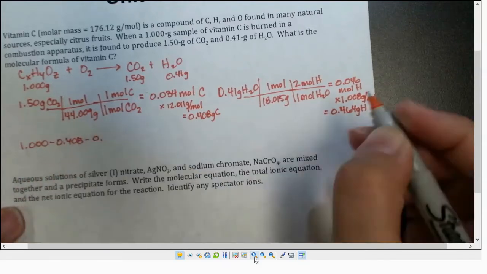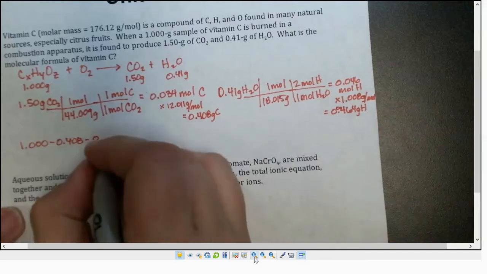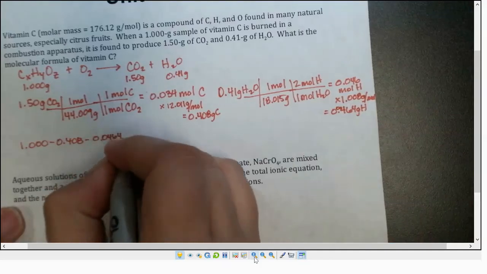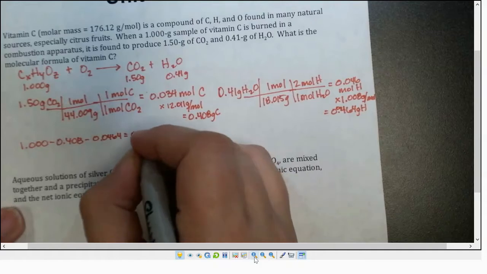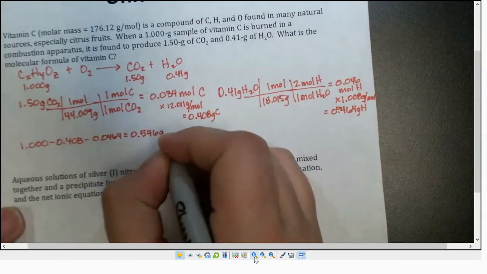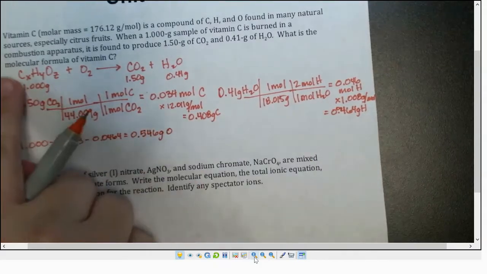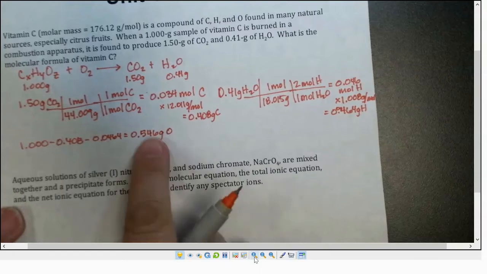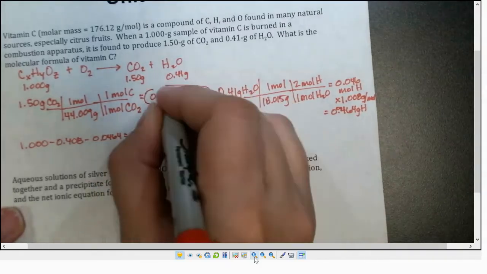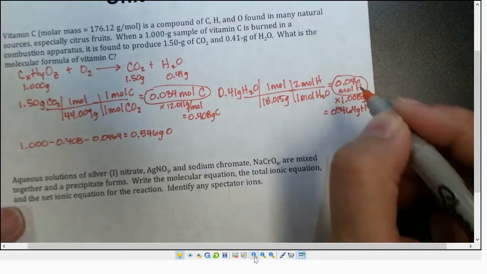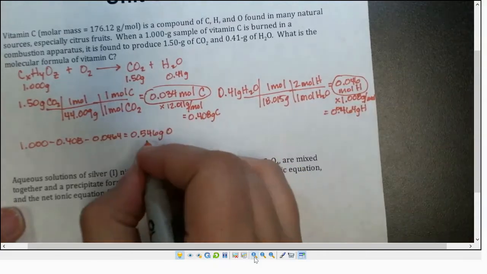Minus this should be 0.0464. And this gives me that I have 0.546 grams of oxygen present in this hydrocarbon. I need everything to be in moles. I already have moles of carbon, moles of hydrogen, but I need to convert oxygen to moles.